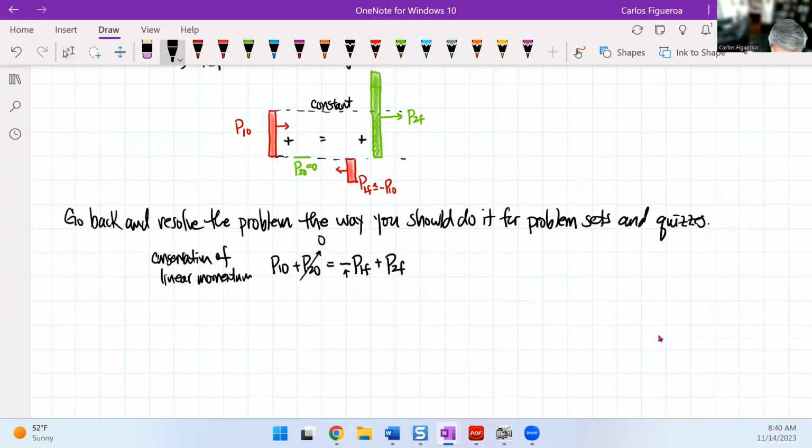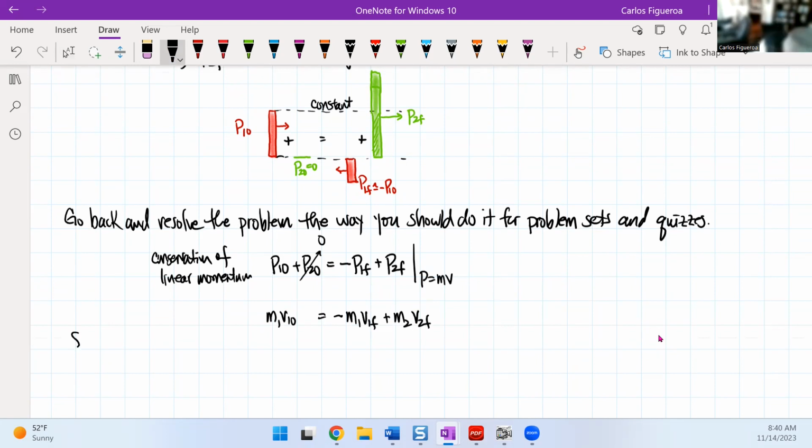So I then want to replace the momentums with mass times velocity. If I do that, I get m1 v1 initial minus m1 v1 final plus m2 v2 final.